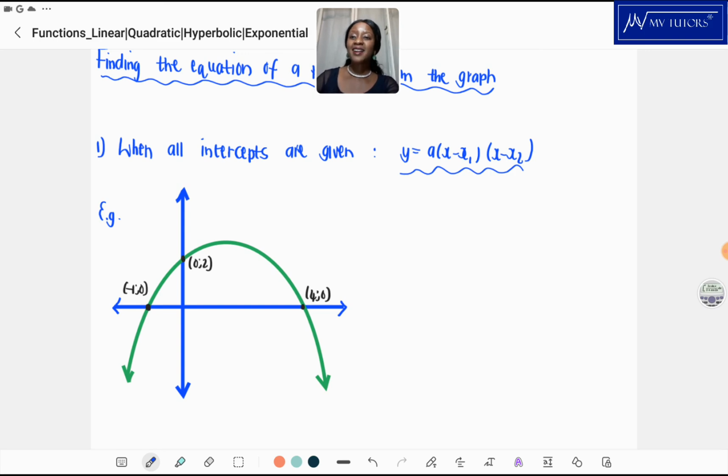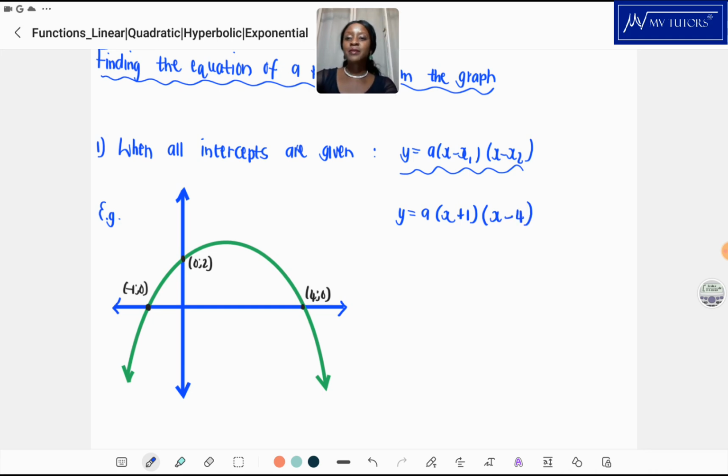So y is equal to a times (x minus the first intercept, which is minus 1, so minus and minus gives a plus), so (x + 1), and then (x minus 4).